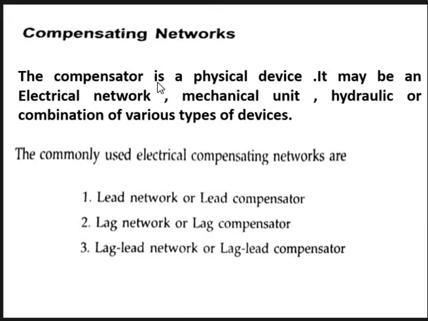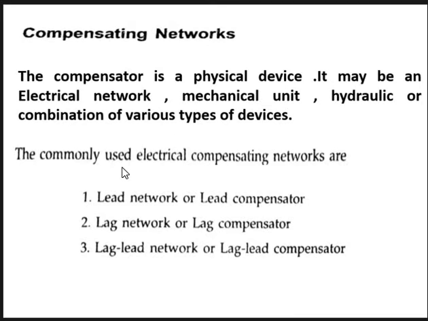So what compensator networks are there? The compensator is a physical device, or it may be an external network. It may be an electrical network, a mechanical unit, a hydraulic unit, or a combination of various types of devices.